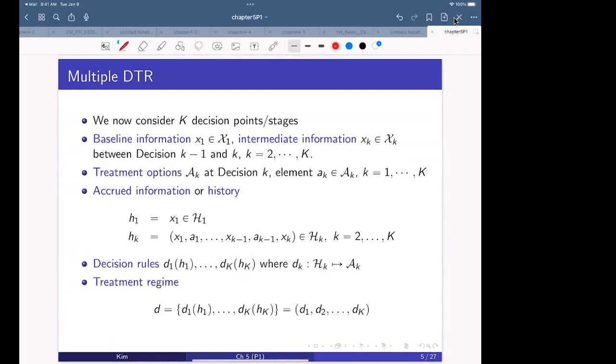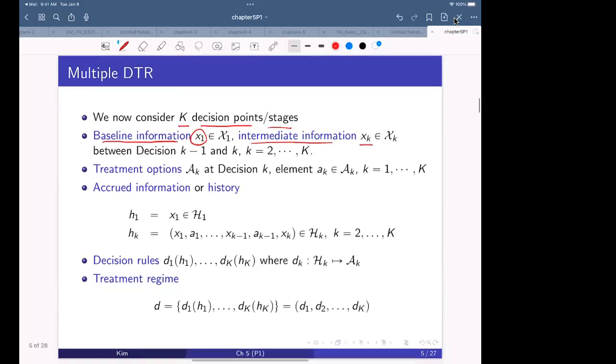At a high level, we can describe it as K decision points or stages, with baseline information X1, and then intermediate information at K, which is between decision K minus 1 and K, right? You basically have 1, 2, 3.